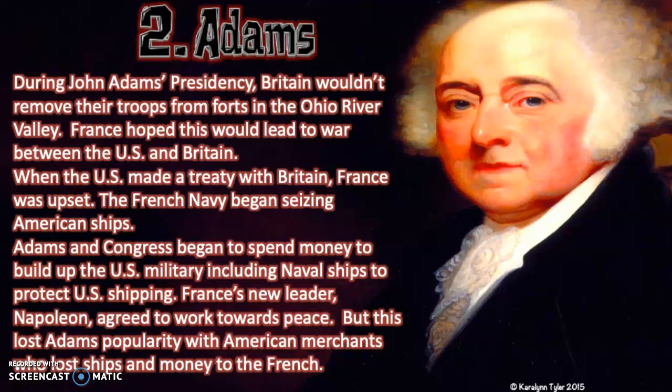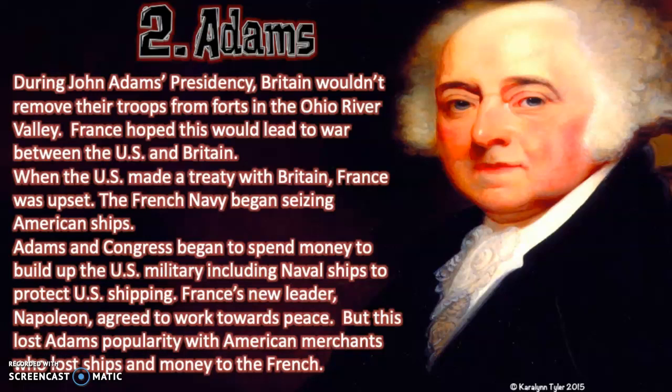Britain and France were still at war with each other, and France was hoping that the United States would take sides with France because it was angry with Great Britain. But ultimately, Adams was able to negotiate a treaty with the British to get those troops out of the forts in the Ohio River Valley.